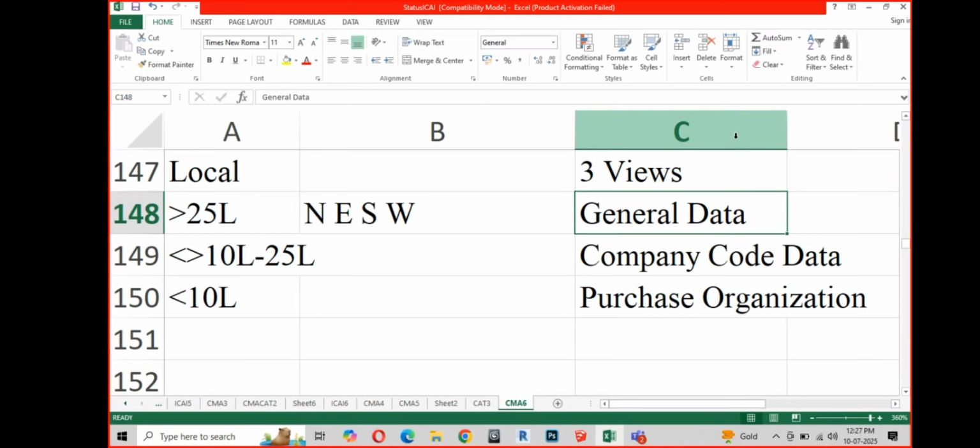So three different views of the vendor master data, which includes information flowing from both your finance and from your purchase module, the MM module. Am I clear, students?